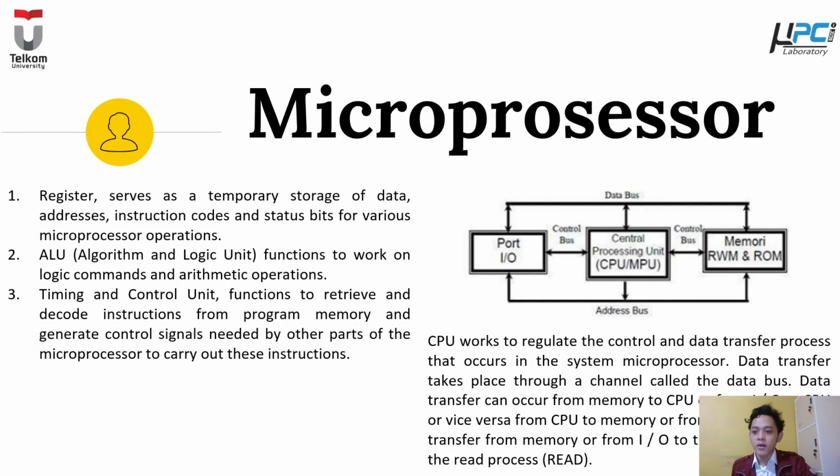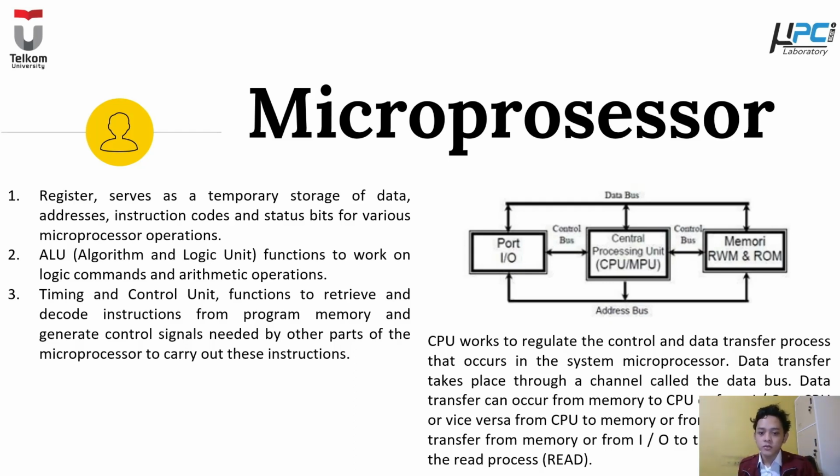So there are several parts of microprocessor. Microprocessor consists of three parts. The first part is register. Registers serve as a temporary storage of data, addresses, instruction codes, and status bits for various microprocessor operations. The second part is ALU, or Arithmetic and Logic Unit.